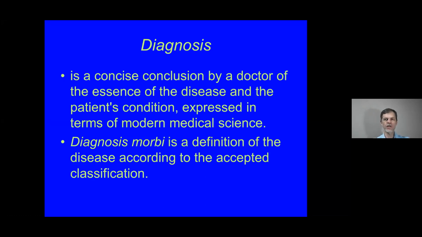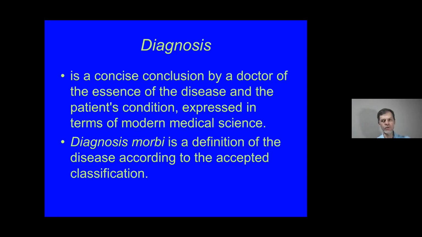For example, TB, tuberculosis, is a disease caused by Koch's bacillus, Mycobacterium tuberculosis. Flu is a disease caused by the flu virus. COVID-19 is caused by SARS-CoV-2, the virus known as SARS-CoV-2, severe acute respiratory syndrome, SARS.